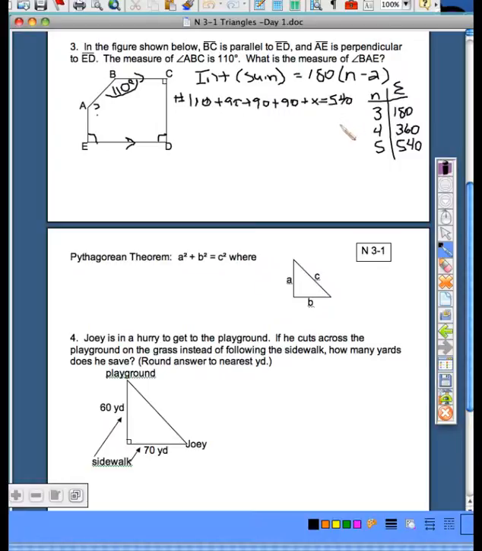And so the measure of angle A is our x, so I'll just write it: the measure of angle A, plus 380 equals 540. If you subtract 380 from both sides, then the measure of angle A, or BAE, is 160 degrees. Okay.